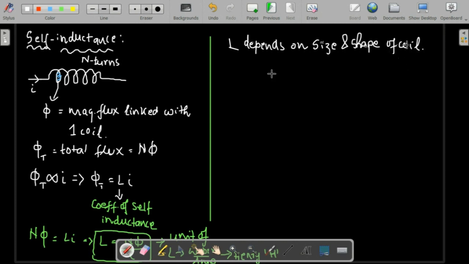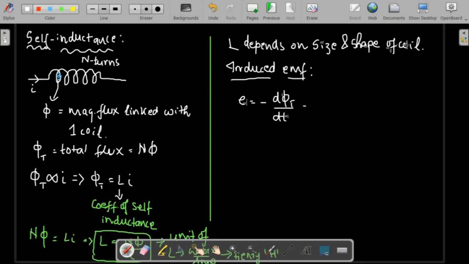So we can actually get the induced EMF now, because we already know what is the relation for induced EMF. If you remember, induced EMF we usually denote it by E is equal to minus, because of Lenz's law, d phi total divided by dt. So you can simply do it.